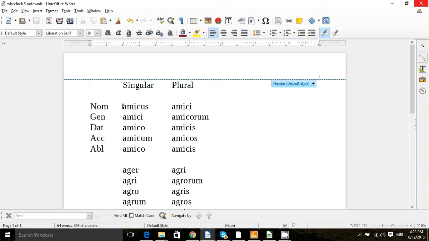We're dealing with nouns, and the nouns need to show their case: nominative, genitive, dative, accusative, ablative. They need to show whether they are singular or plural. So here are the full form and the endings for amicus. Amicus means friend.